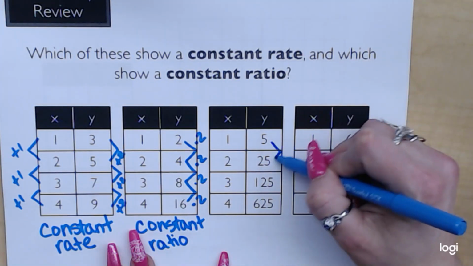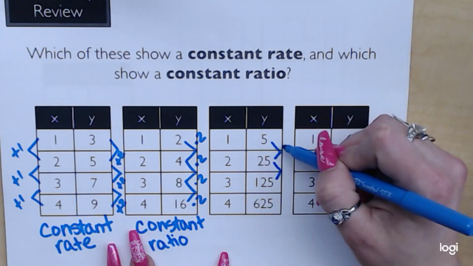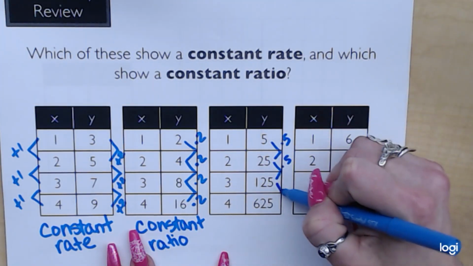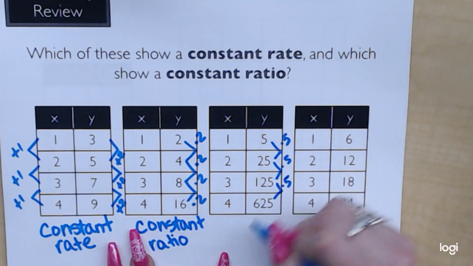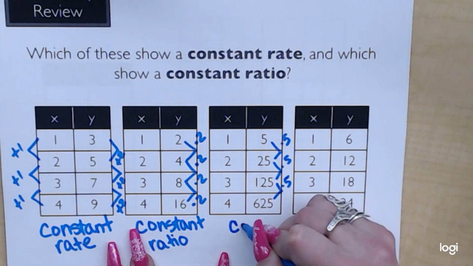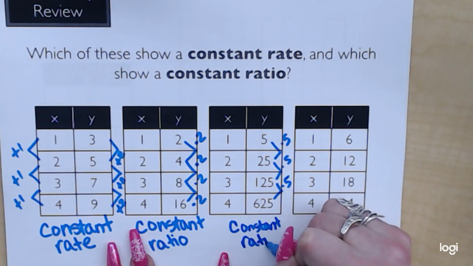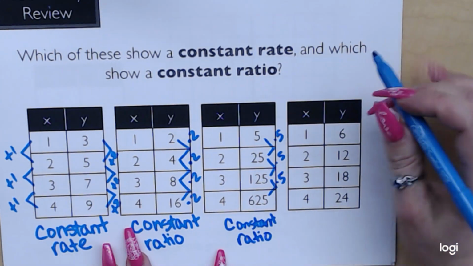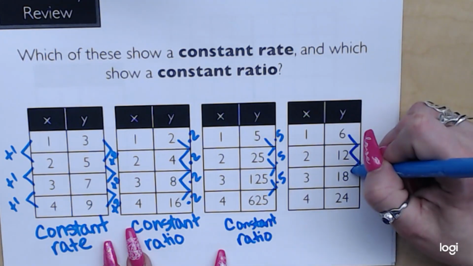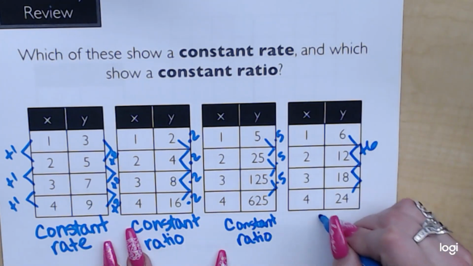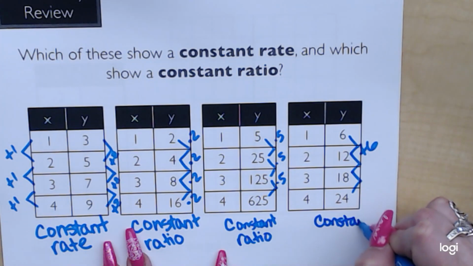This one is times 5, times 5, and times 5. So again, this one is going to be our constant ratio. And this one, plus 6, plus 6, plus 6, will be a constant rate.